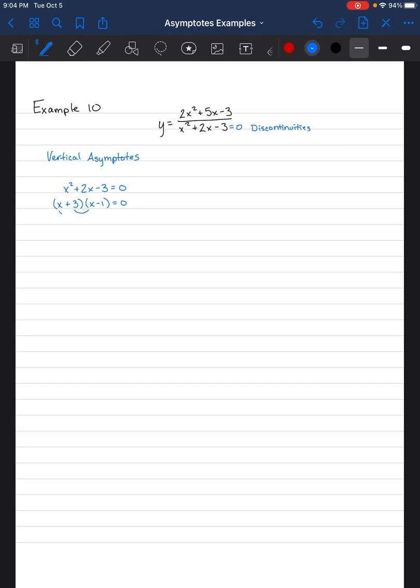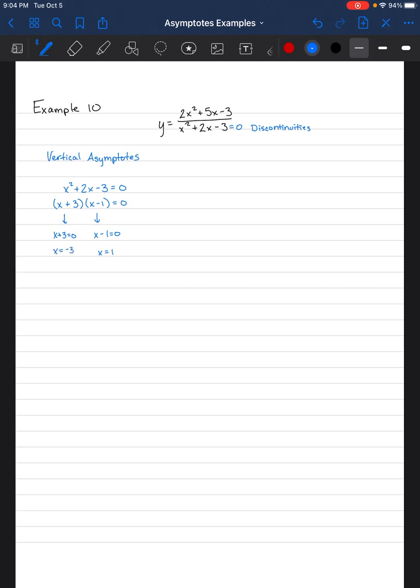Positive 3x minus 1x makes 2x, and positive 3 times negative 1 makes negative 3. So that is factored correctly. Then we go x plus 3 equals 0 and x minus 1 equals 0. So x equals either positive 1 or negative 3.